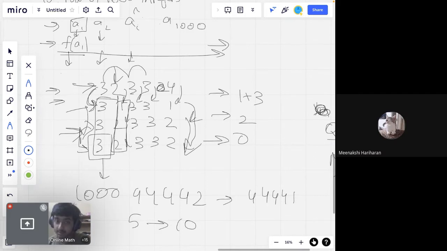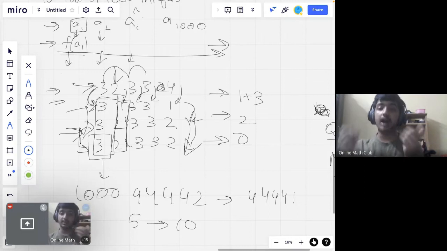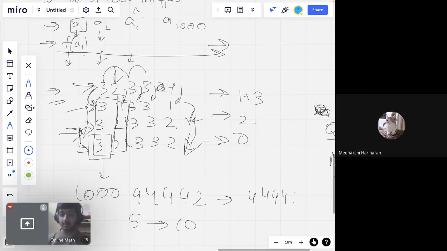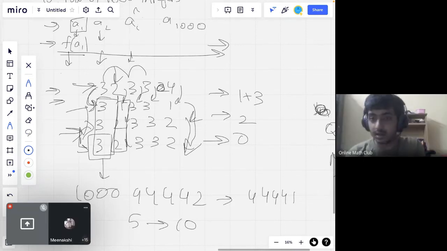Oh wait, it can't. It can't decrease. It can only stay the same or increase. They can't decrease. They either stay the same or multiply by a whole number. So that's it, right?